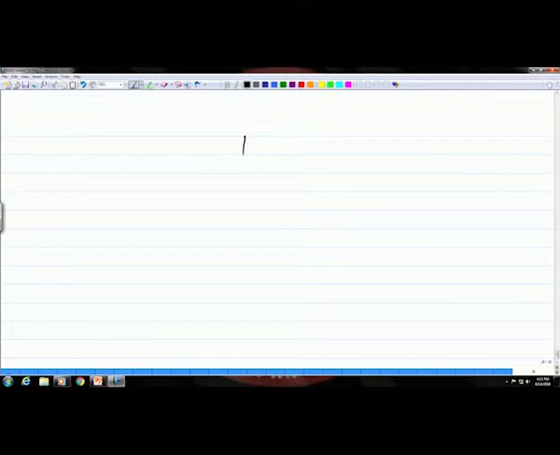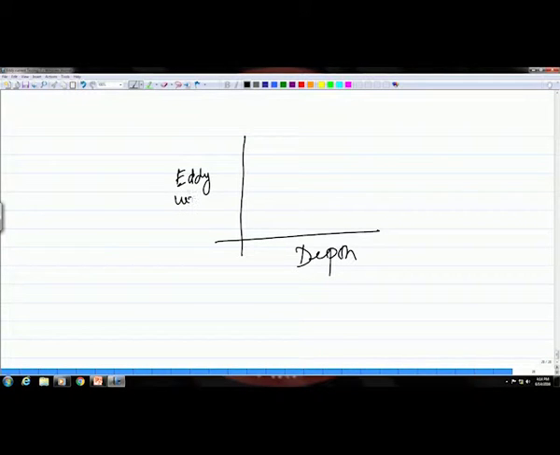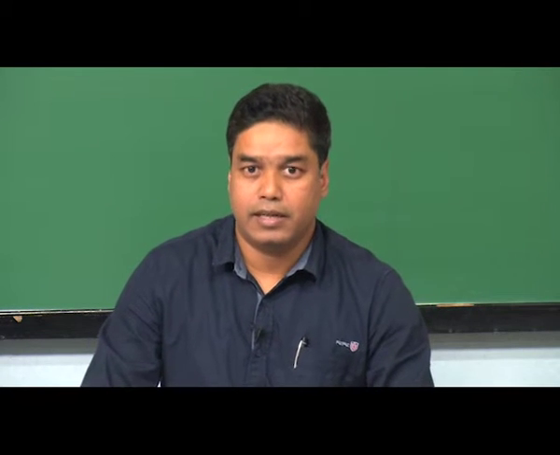Okay. So, if you plot the current as a function of depth from the surface, let us plot this in terms of the relative intensity, which is I by I naught, wherein I naught is the current right at the surface and I is the current at any given depth.